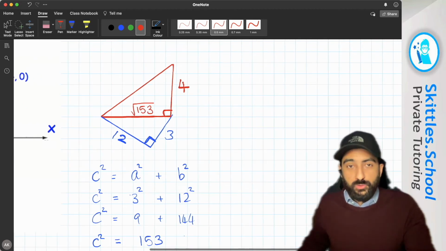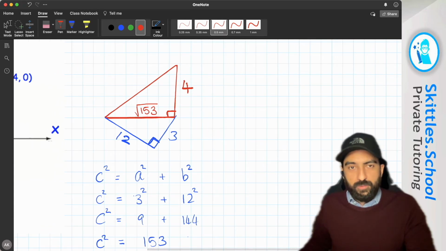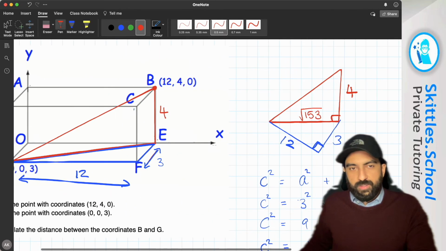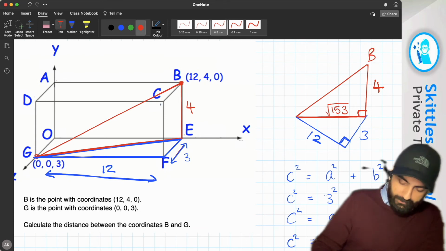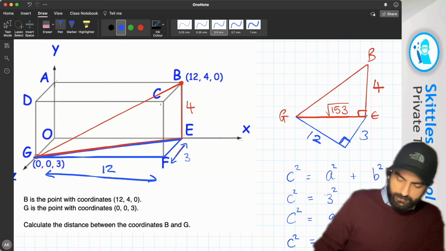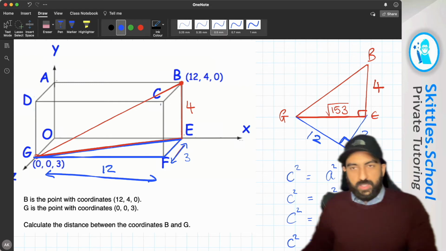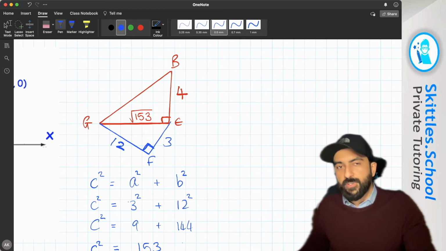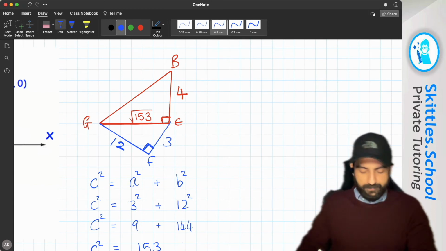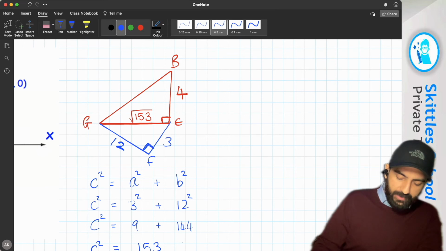Okay, so now we've got two sides of our red triangle. One second, let's just put the letters on here as well. So that's B, that's E, and that's G, and that one's F. Okay, so now we can apply Pythag to work out the long side of the red triangle. And again, same formula.